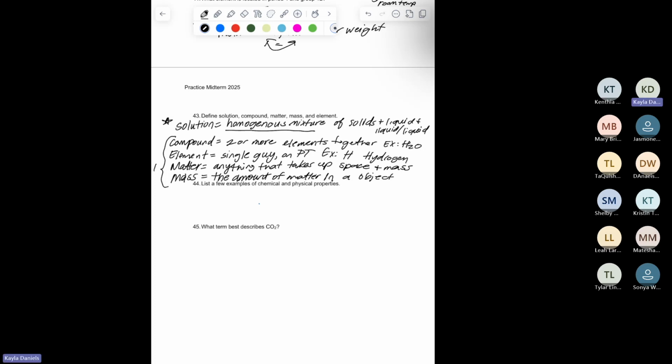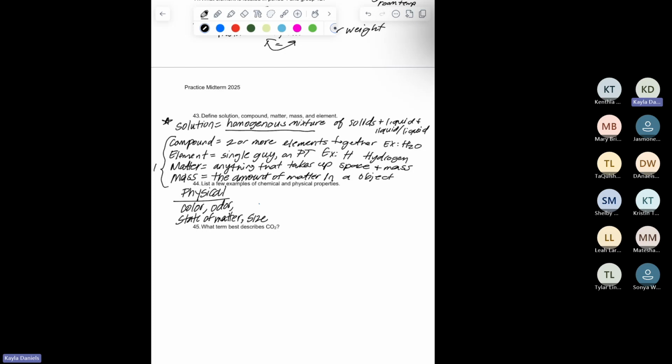All right. You only have one question about physical and chemical properties, but might as well do a couple. So physical properties were things like color, odor, state of matter, if something was a solid, liquid, or gas, size, appearance, stuff like that.